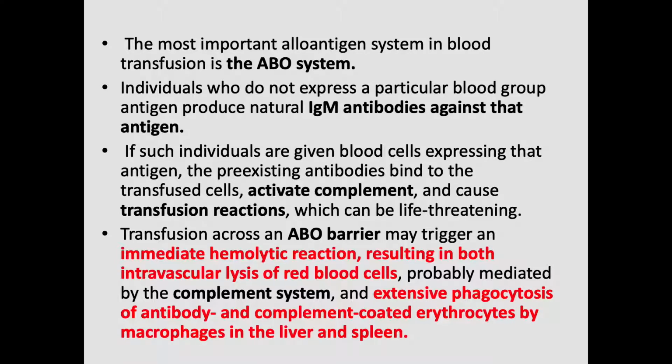I'm not going to explain in detail what the ABO system is, but normally when there is a mismatch of ABO in transfused patients, this can lead to complement activation, and complement activation will promote inflammation, and a hemolytic reaction may result, because transfused red blood cells will be hemolyzed, disrupted, or killed.